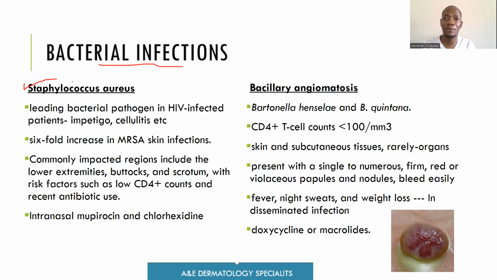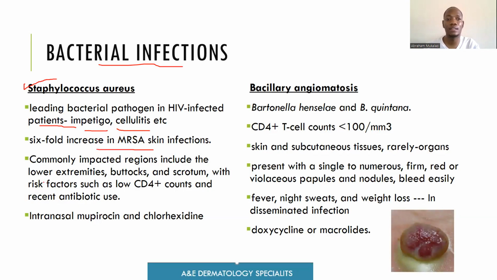The first one we shall look at is Staphylococcus aureus, and this bacteria in HIV has been noted to be one of the leading causes of bacterial infections of the skin in people living with HIV. It will present like impetigo, cellulitis, and sometimes these people have an increased risk of methicillin-resistant Staphylococcus infections.